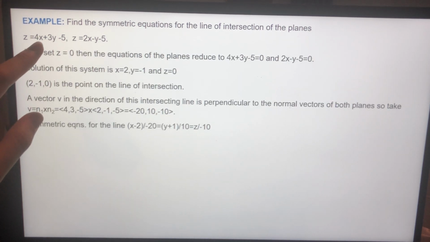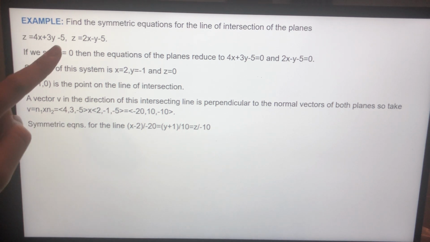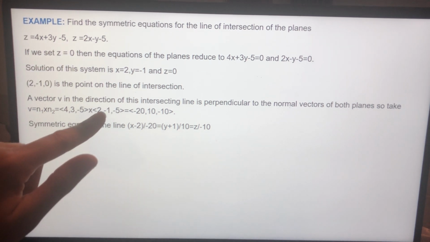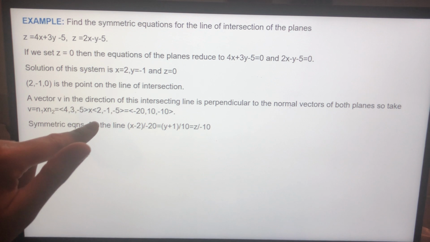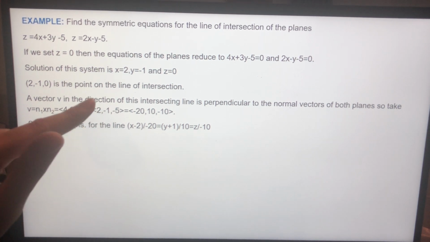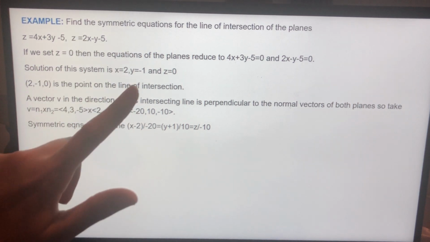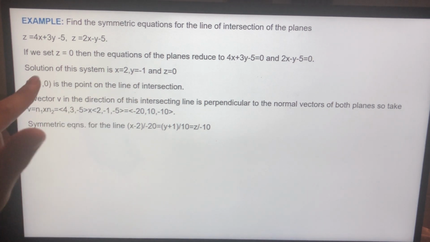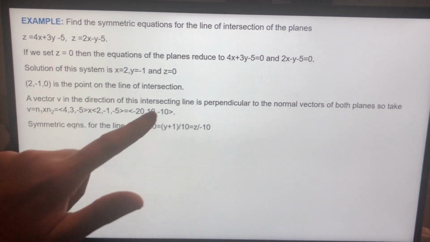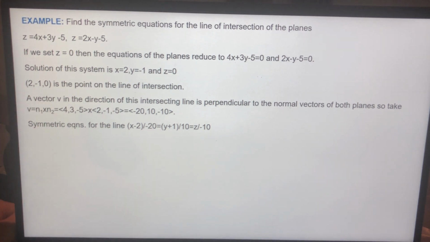That's why the normal vector of that one is 4, 3, this shouldn't be minus 5, this should actually be 1, and this will be again 1. I did something wrong in here, but you can correct it. You need to take the cross product, and the resulting vector will be the direction of the line. And since you found the point, by this direction and that point, you can easily write the symmetric equation for that line. Okay?